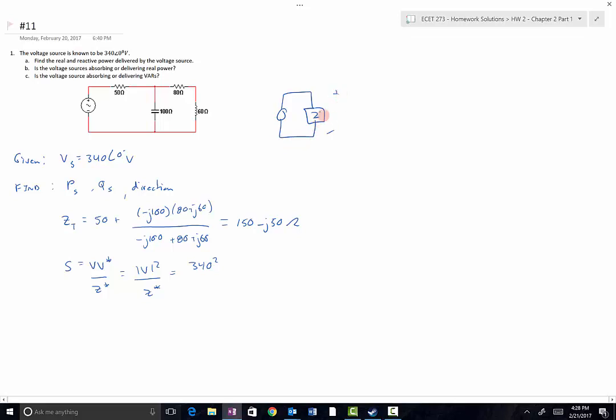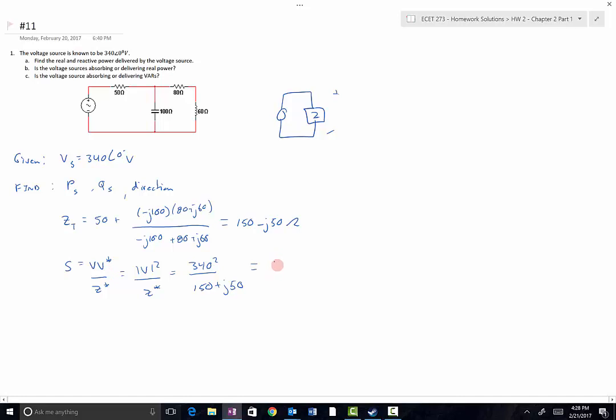I know that the voltage across those terminals is 340 volts. Square that, then divide by the complex conjugate of the impedance. To take the complex conjugate of a rectangular number, just invert the sign on the reactive portion of the impedance, 150 plus J50.